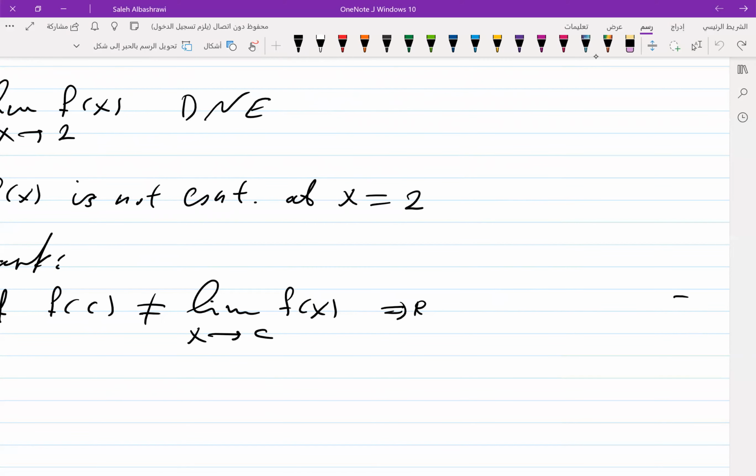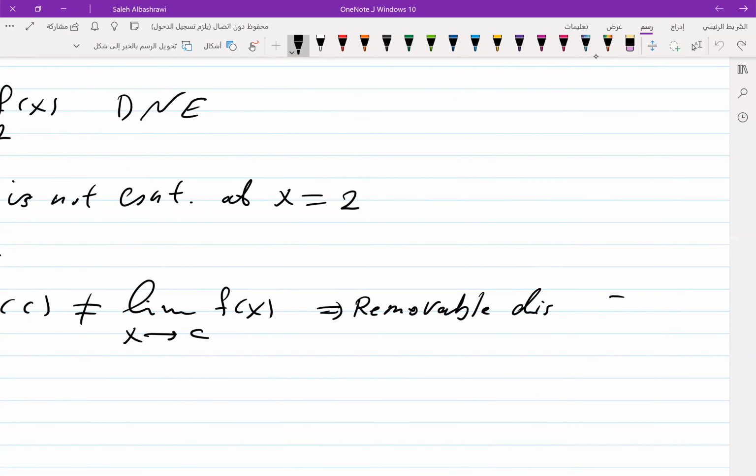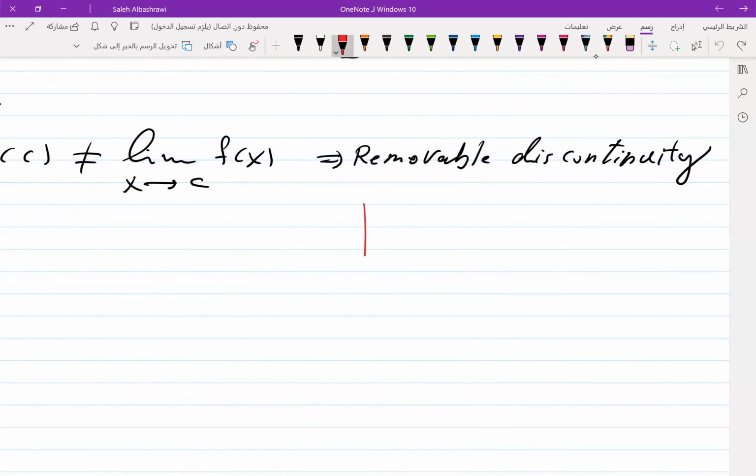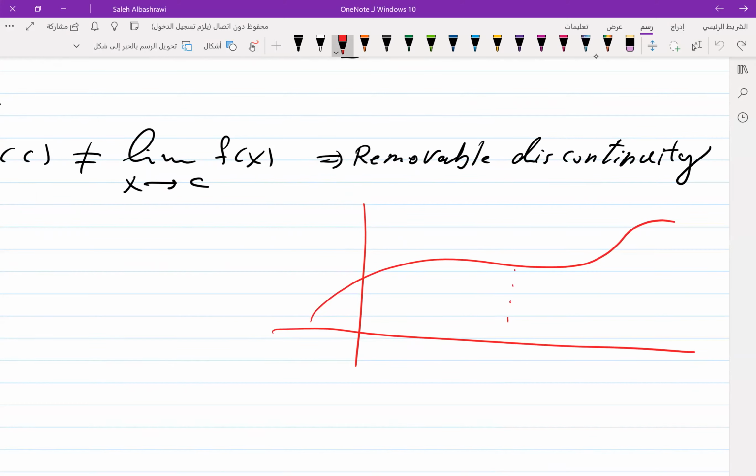Because this is removable discontinuity. Removable discontinuity means if the graph of the function at c, we have an open hole.